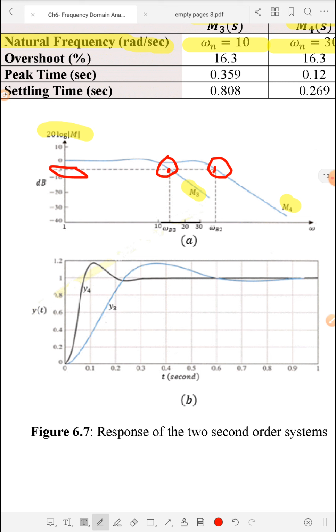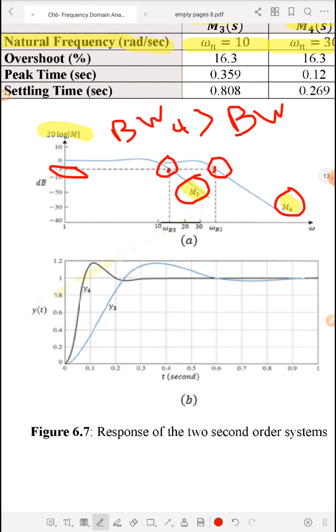So which has larger bandwidth? M4, the bandwidth of M4 is larger than the bandwidth of M3. So let us go to the time parameters. It's obvious that system 4 is faster in response than system 3.